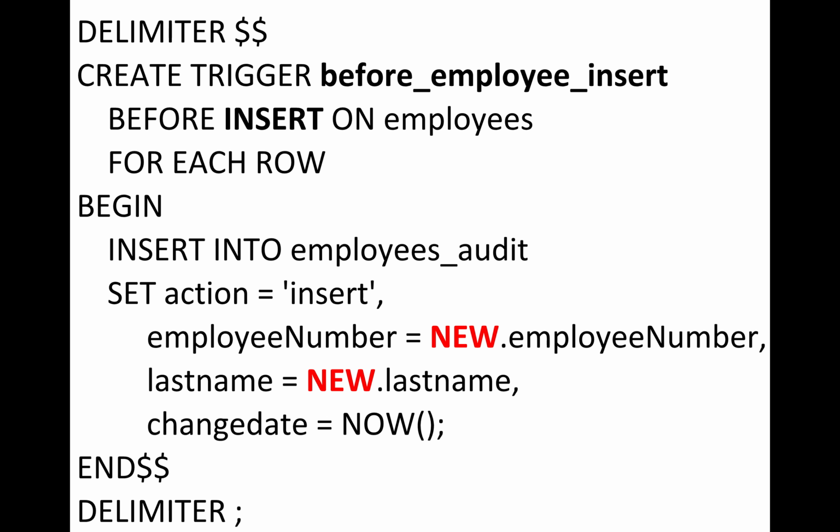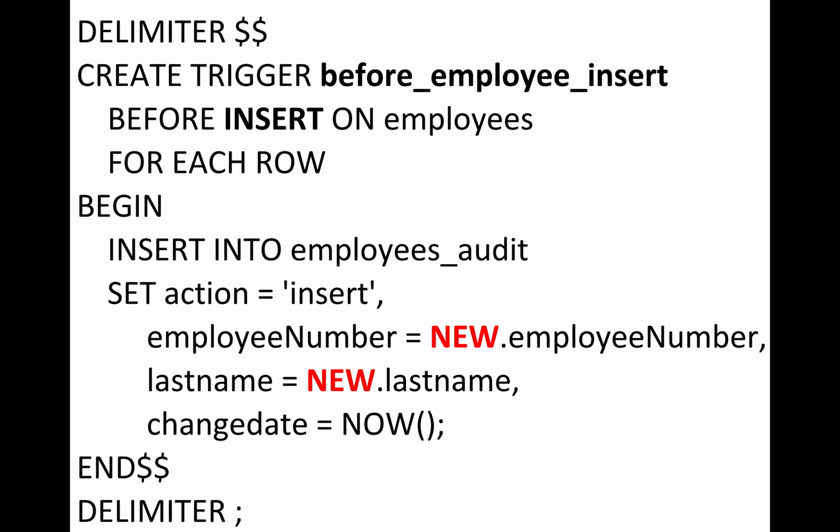If you're doing an insert, you want to know what the new record is that you're inserting. This is the new record that is about to be inserted in the database. It could be before or after it's inserted.